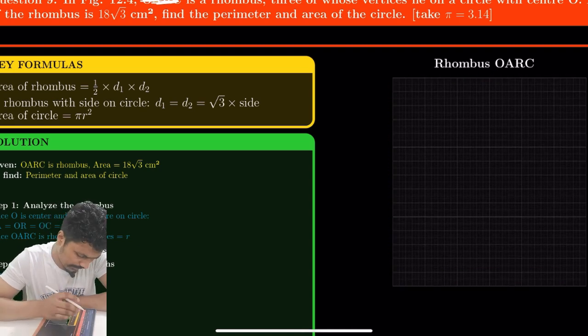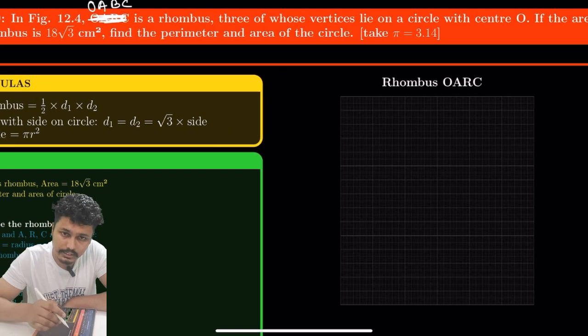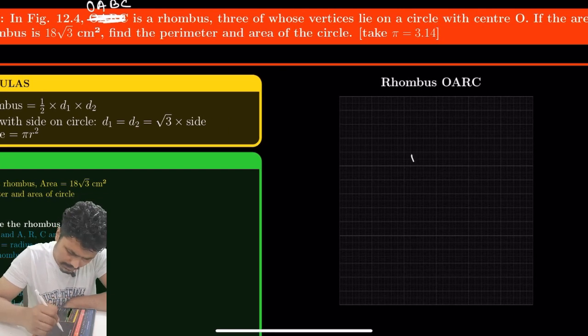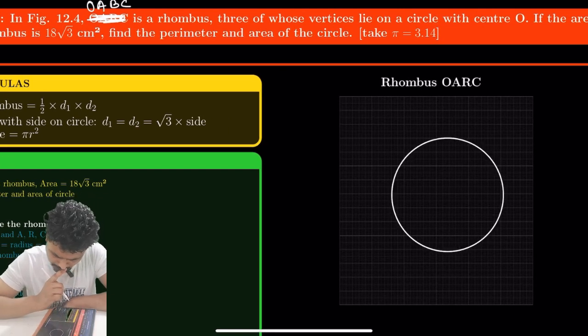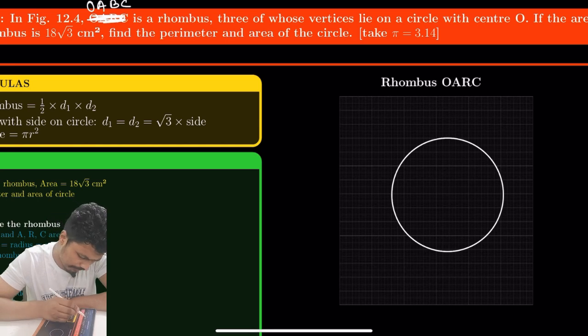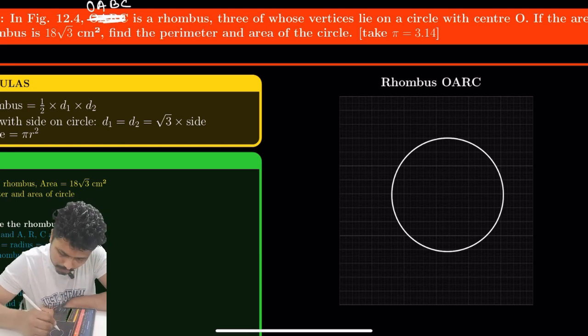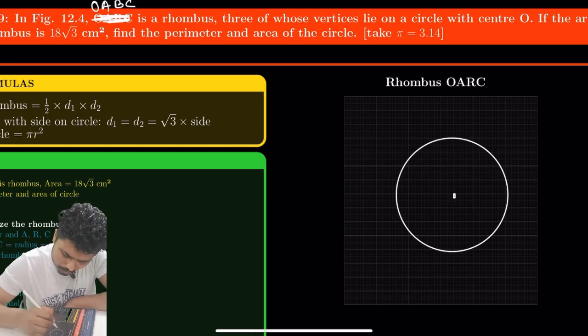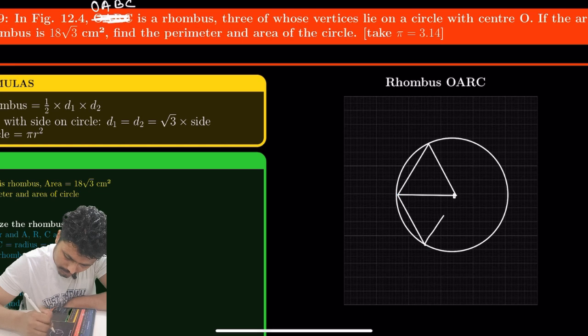So this is a rhombus OABC, and what the question says is there is a circle, and 3 vertices of which lie on the circle. So there is a rhombus. Rhombus means, before telling you, let me draw. So a line is there, and it will be connected like this, and this one will go like this, and this one will be connected like this.